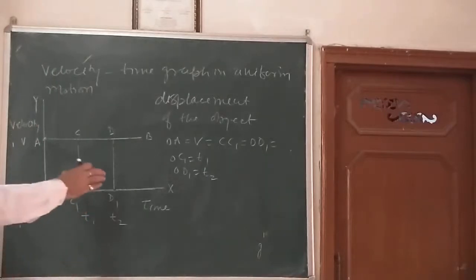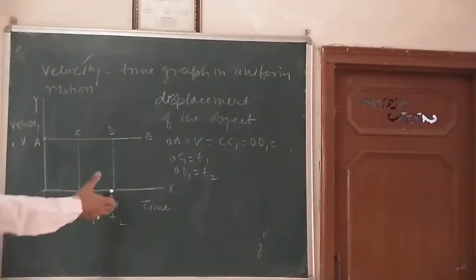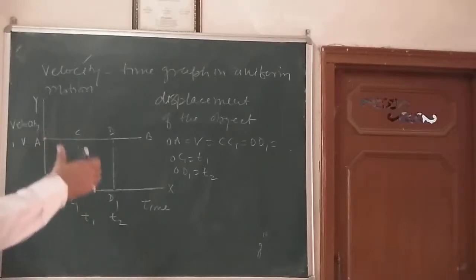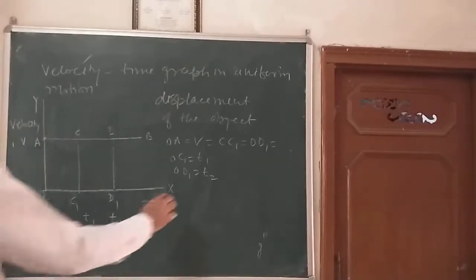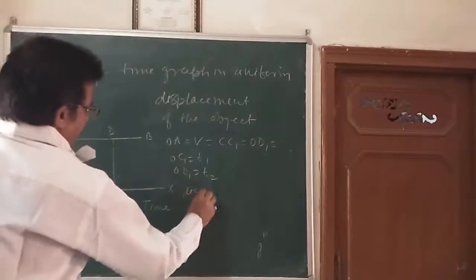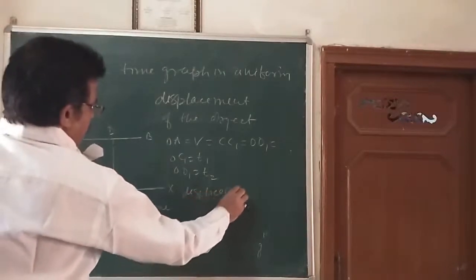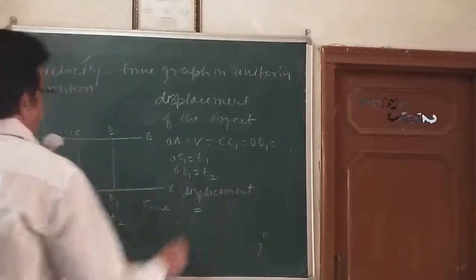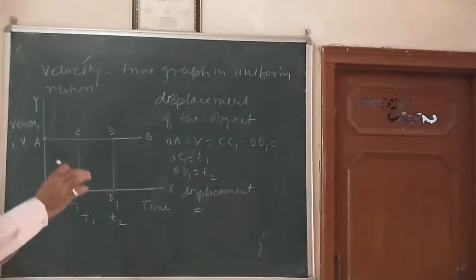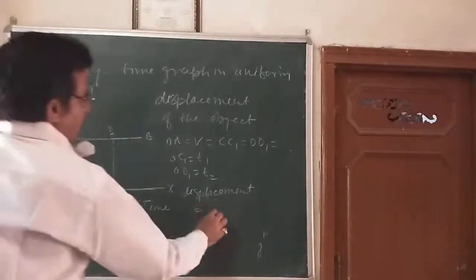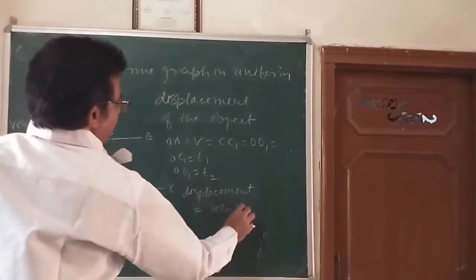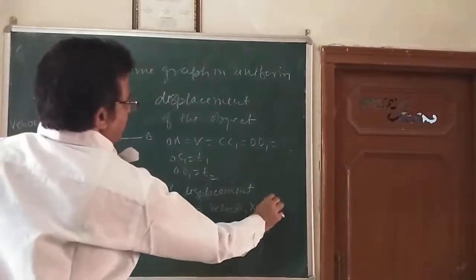So displacement of the object in this time interval T2 minus T1 is velocity into time interval. Displacement is equal to velocity into time interval.